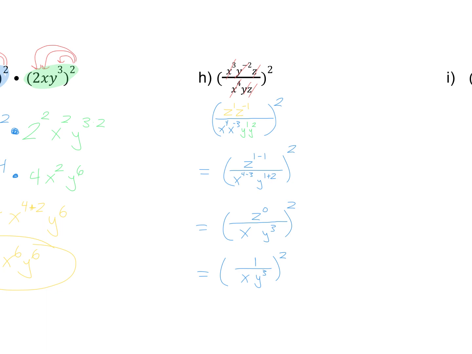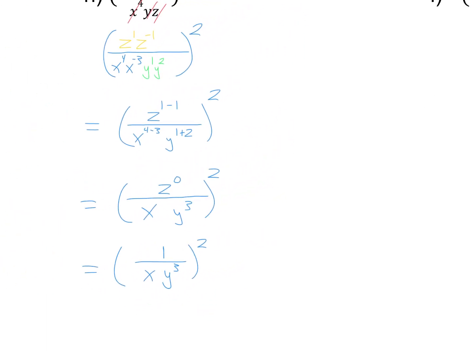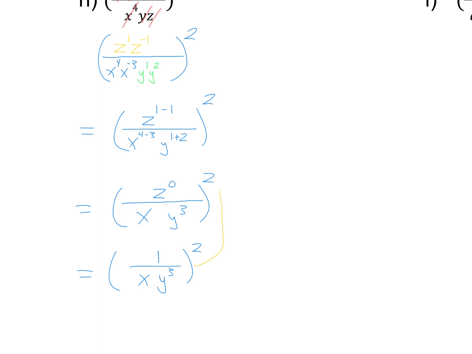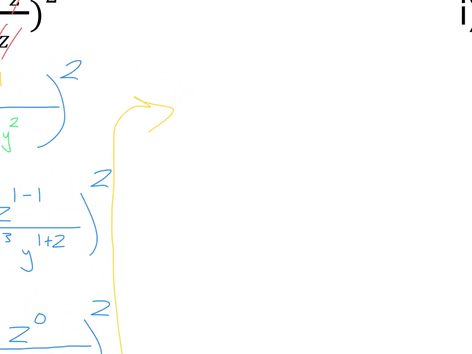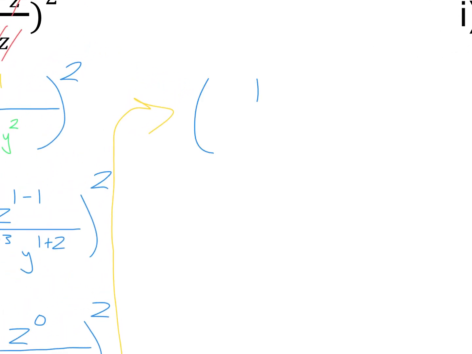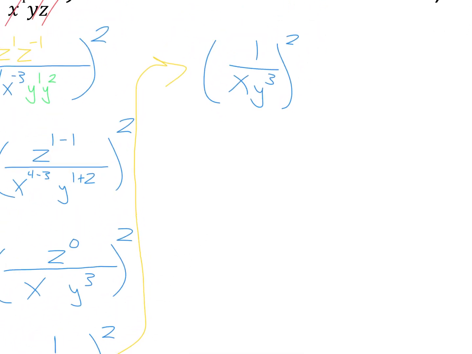Okay, so we did all that work. We finally got all of the stuff inside our parentheses simplified. So now let's take this back up here. I am going to rewrite it. So we have 1 divided by x, y cubed, and all of that is squared.